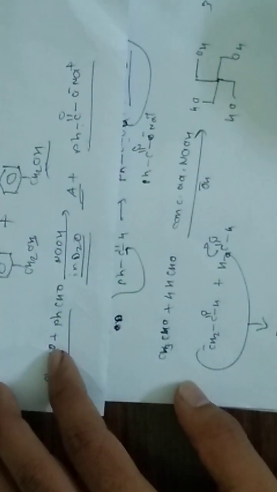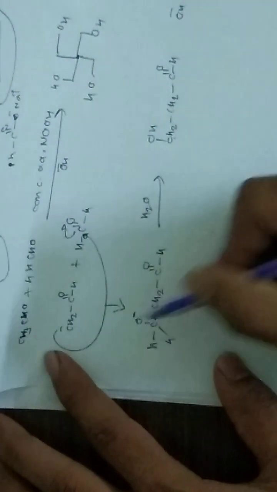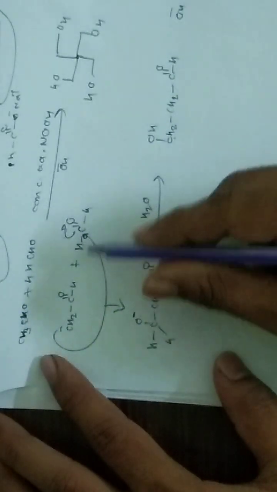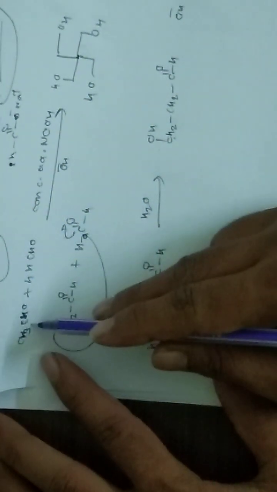Again the base is also present. Again OH minus will take an alpha hydrogen, there are 2 alpha hydrogen atoms. Sorry, the mechanism is not visible for you. This OH minus will take an alpha hydrogen atom from acetaldehyde.